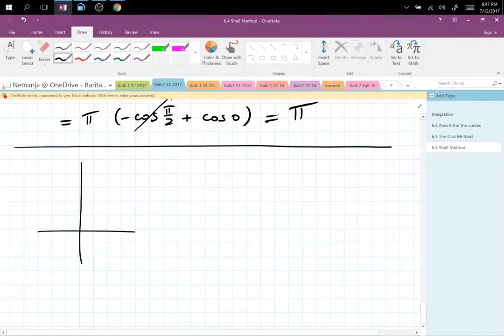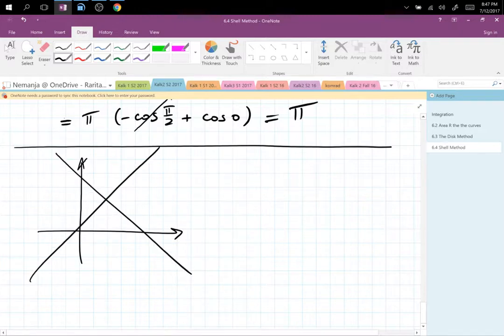Say you have two linear lines. This is a very simple problem. You have two linear lines intersecting, and this is your region here. If I rotate on the y-axis, which method is either better or possible or impossible?